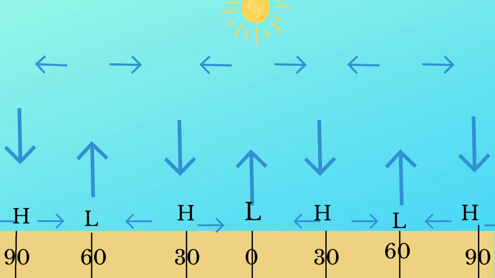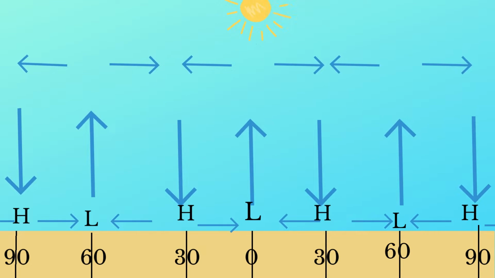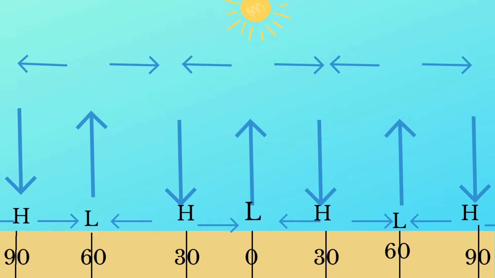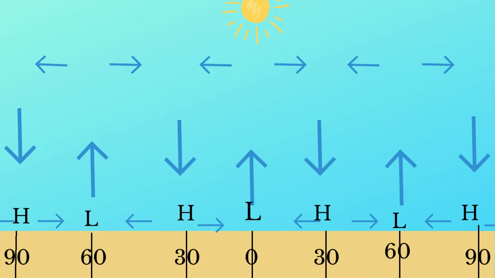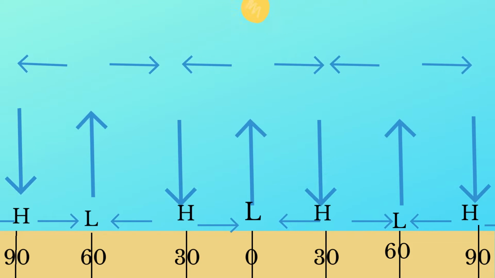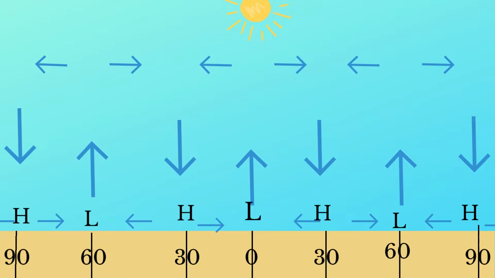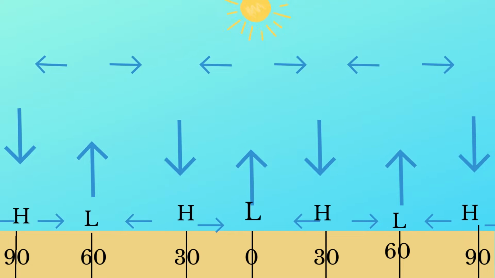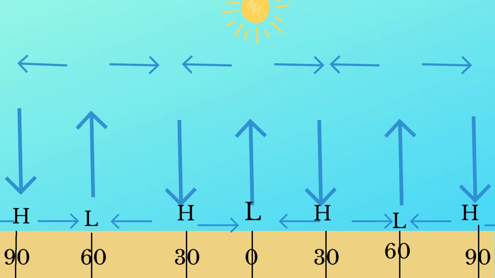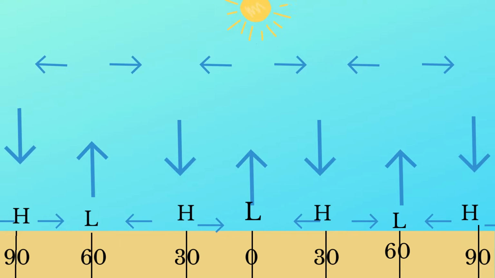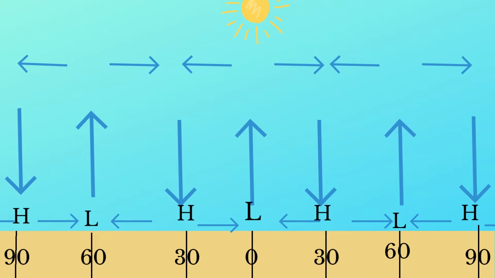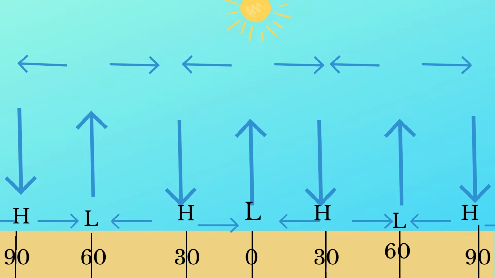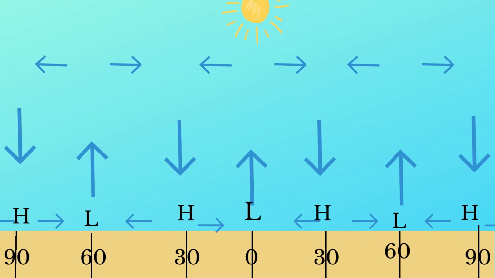In the upper atmosphere, above 30 degrees, this air converges with the air flow coming from the equator and sinks down to contribute to the formation of the subtropical high pressure belt. The other branch will, of course, sink at the poles.